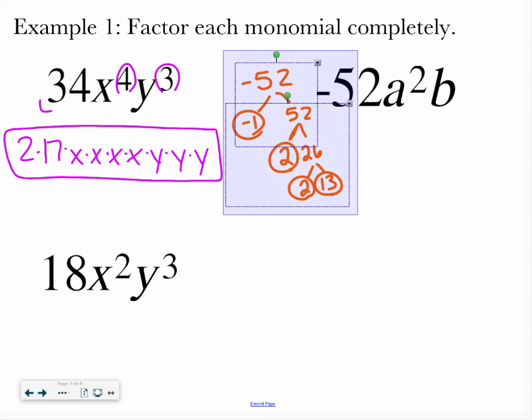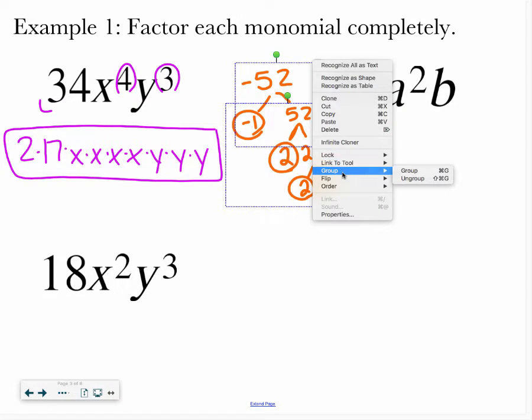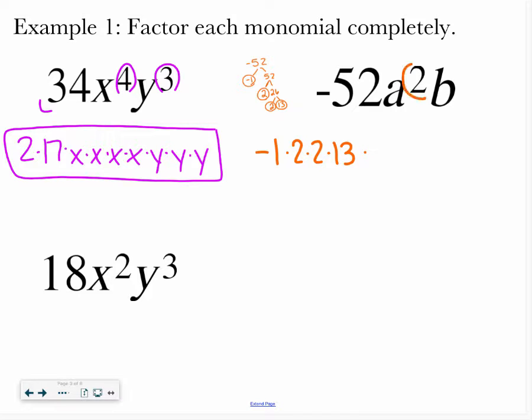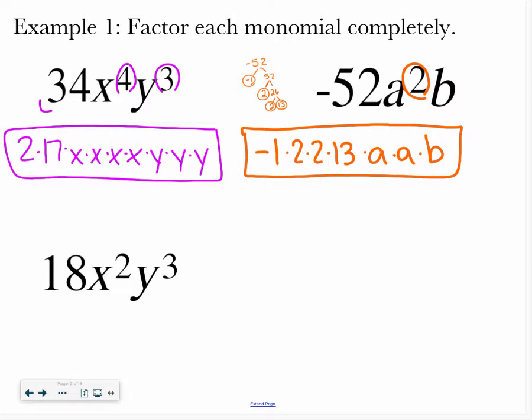So I need to rewrite that so that way I have the beginning part of my factorization. 2 times 2 times 13. And then I see I have 2 a's and a b. So this would be my final answer for that example.